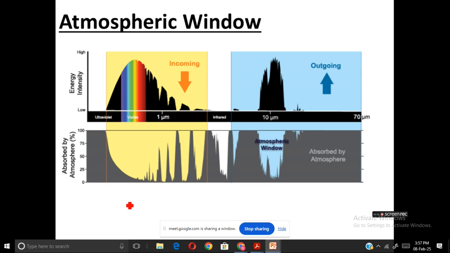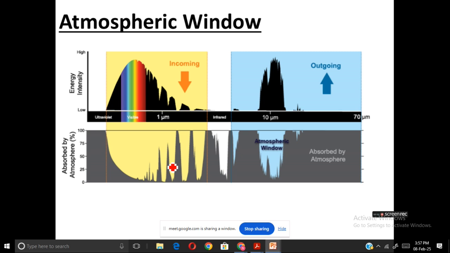So atmospheric window is basically the region where the atmosphere is transparent, or where the atmosphere allows the incoming radiation to pass through. So the visible region is one of the atmospheric windows that we have, which is almost transparent to the radiation. The dips in the incoming and outgoing energy that we see here are where the atmosphere absorbs energy.